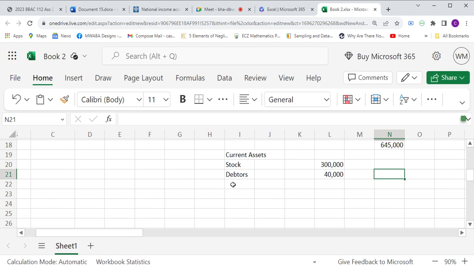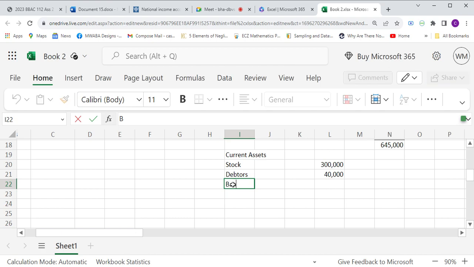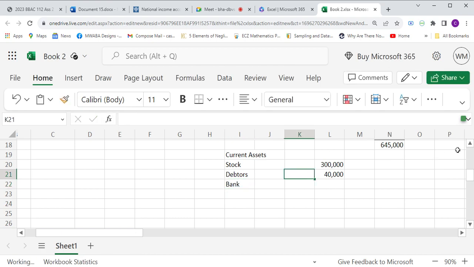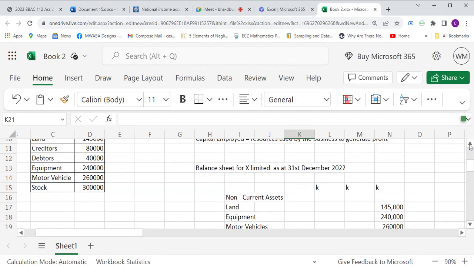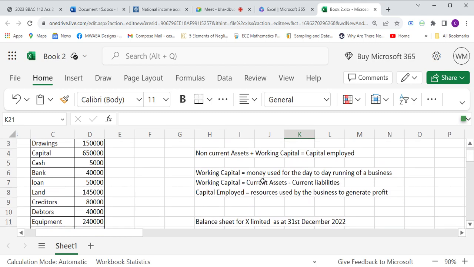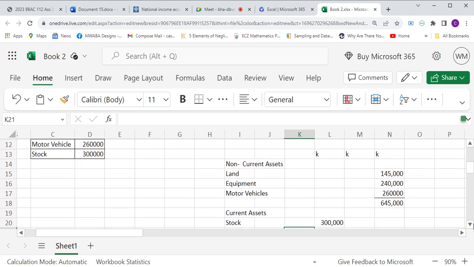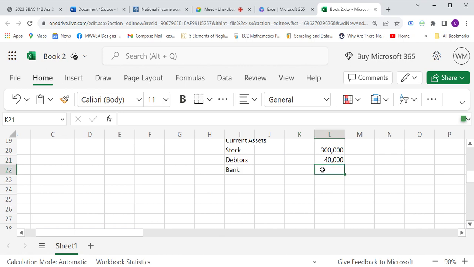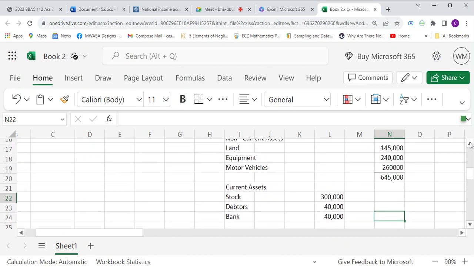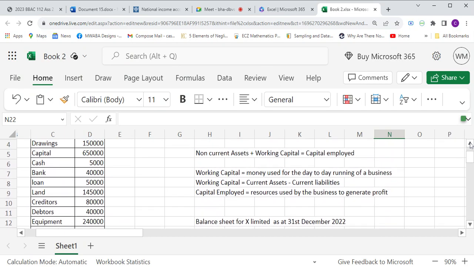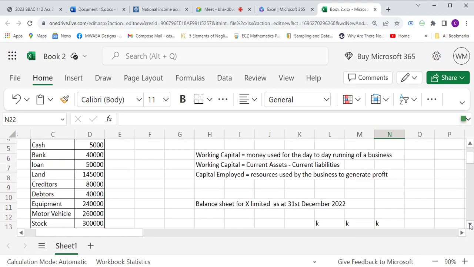Then we've got bank, 40,000. And finally, we have cash, 5,000.